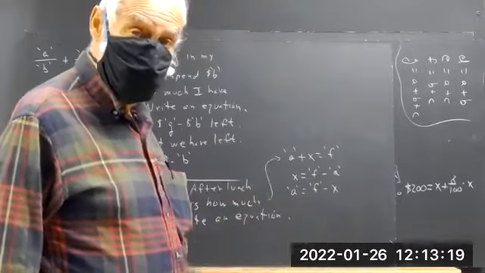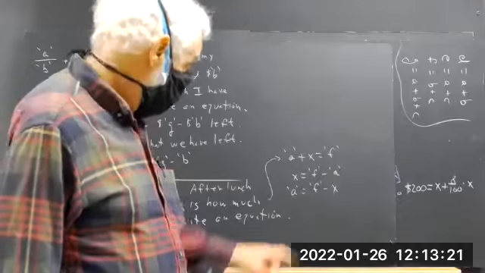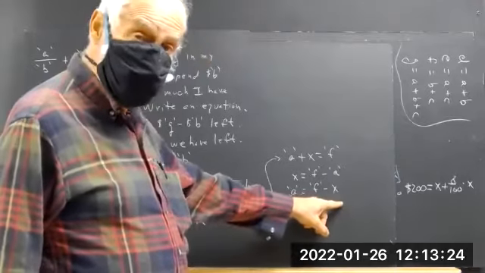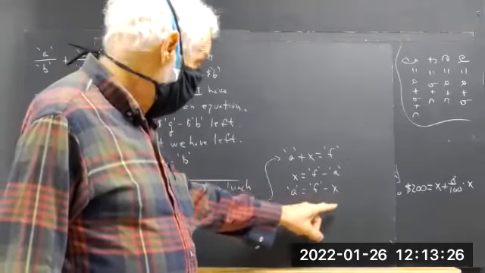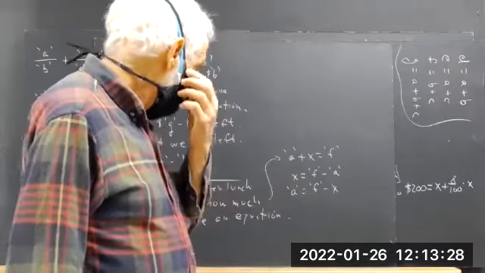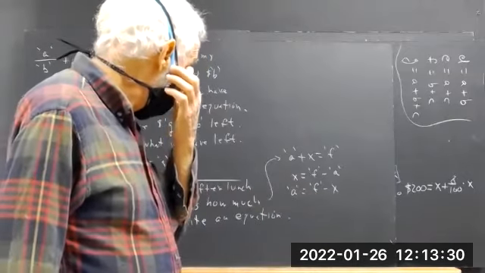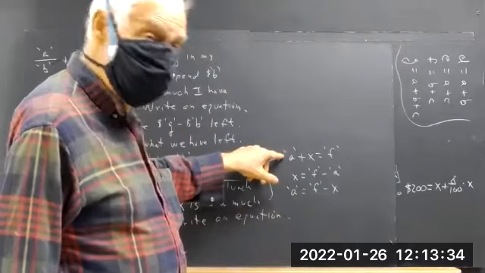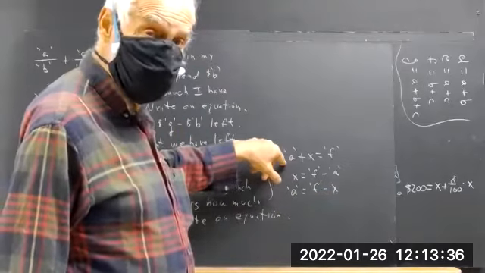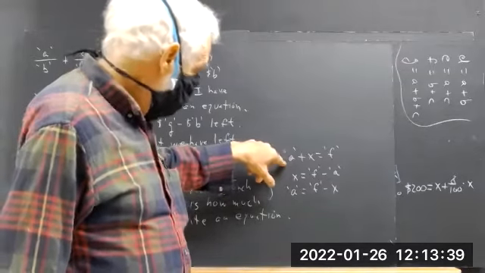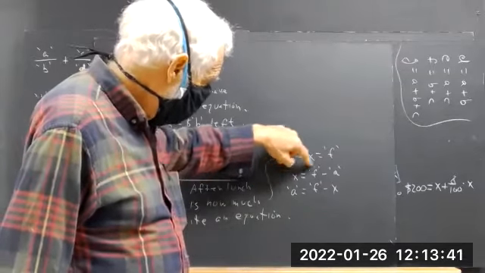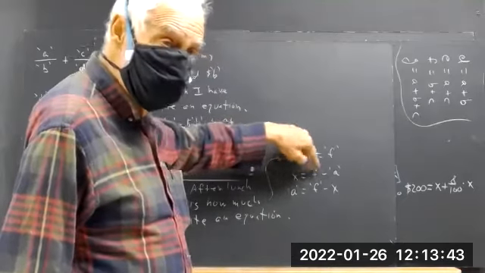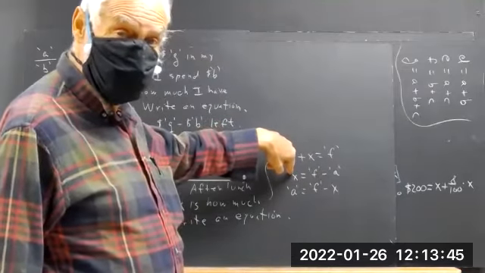And that would give me this, right? Now, if I wanted to get X, I'd probably add X to both sides, and that would give me the same as this equation, wouldn't it? And then I could subtract A from both sides and I'd end up with this equation, an equation that I've solved for X.